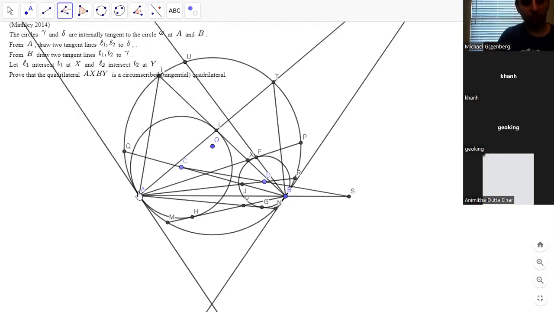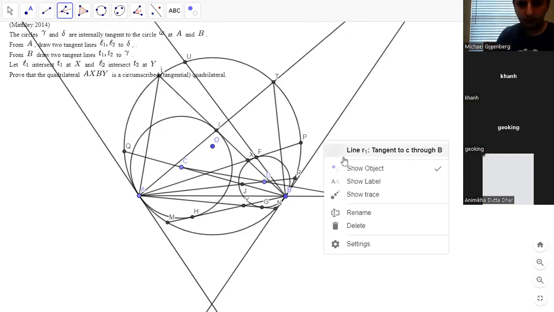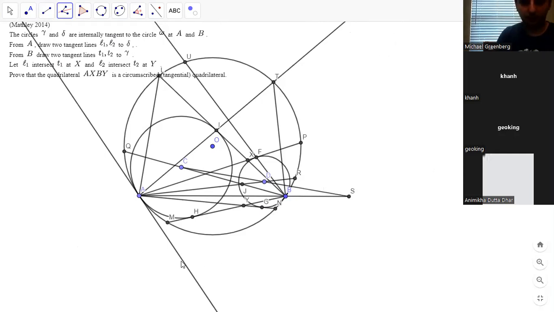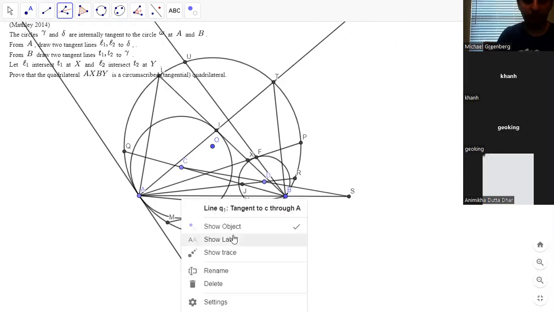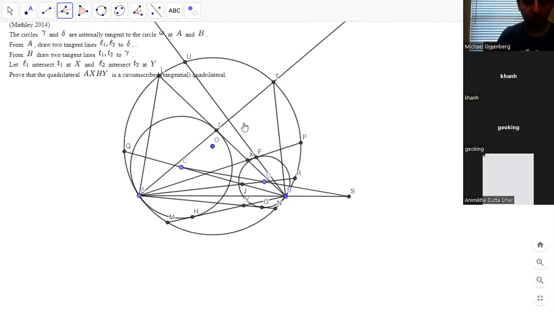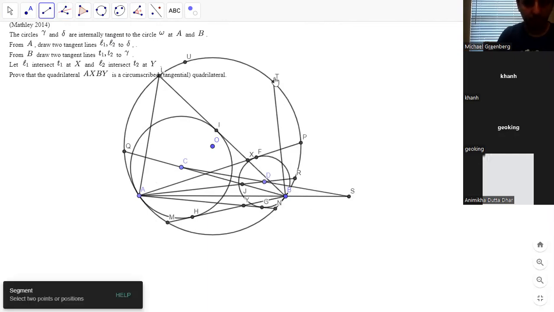Let's see. All right, I'm going to delete these for now. That's a good observation though, that it passes through the midpoint. I'm going to add those back in.